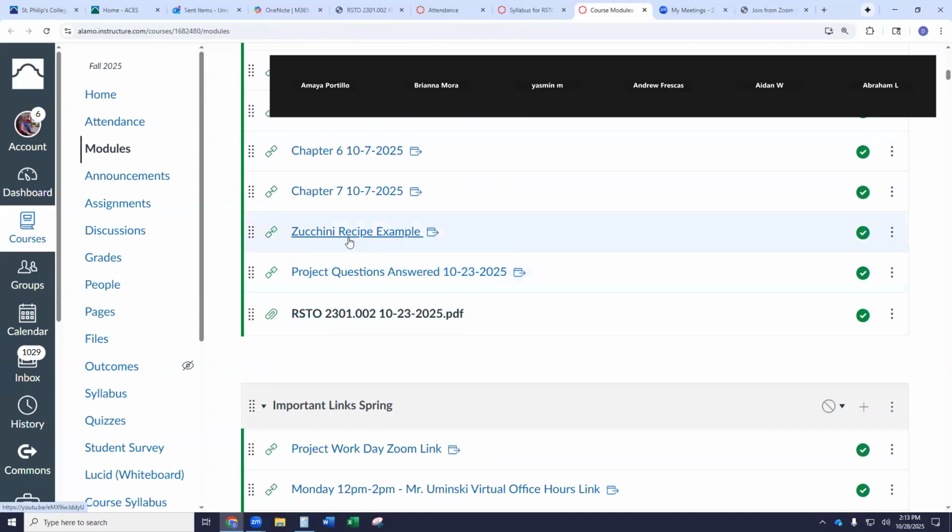So if you look in the modules, the zucchini recipe example is here. You can click and watch this video, and it'll go step by step through the zucchini recipe. What I would recommend, if you're still having trouble with the recipes, is to work out the zucchini recipe, have your work side by side, and then watch the video, and you can see where the errors and mistakes are happening.